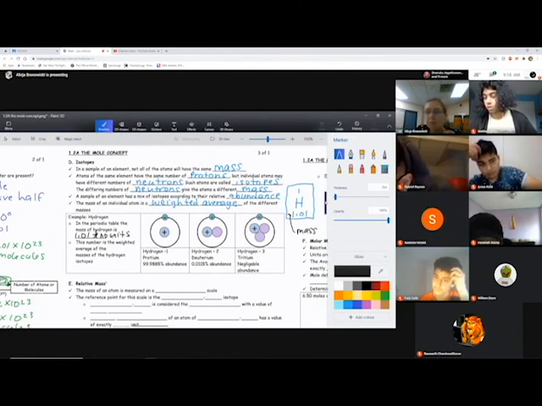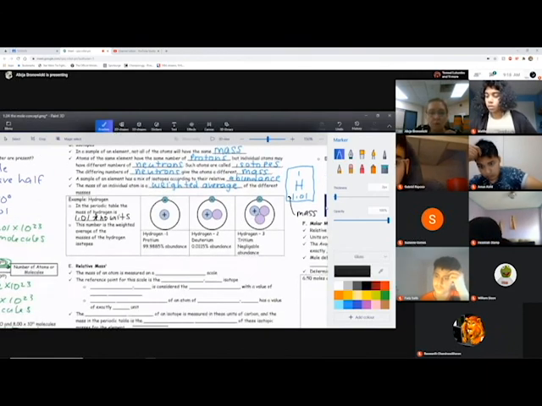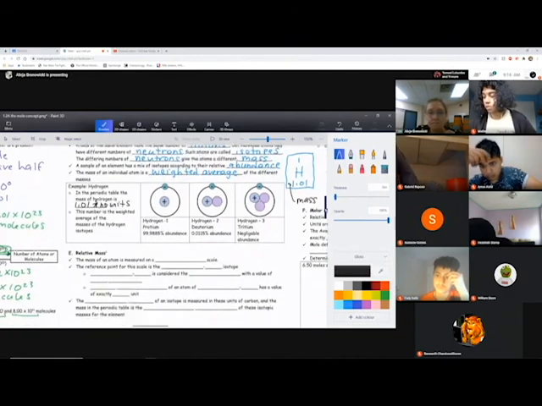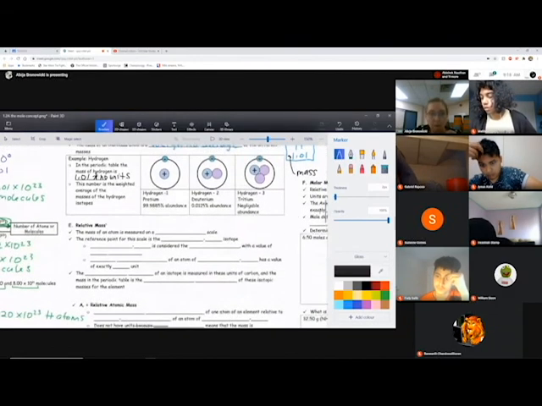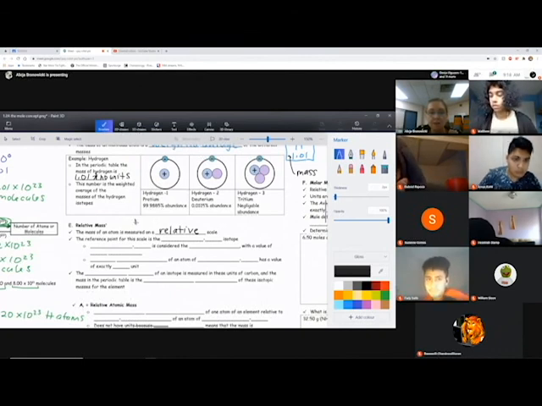Okay, so I am going to go over relative mass. The mass of an atom is measured on a relative scale. That means the mass of an atom is based on comparison.